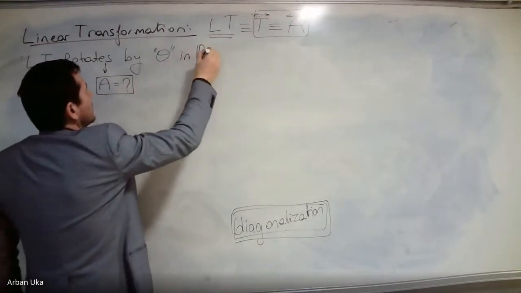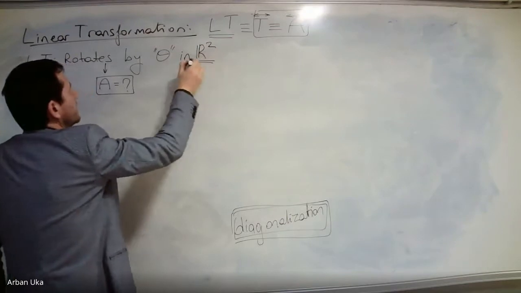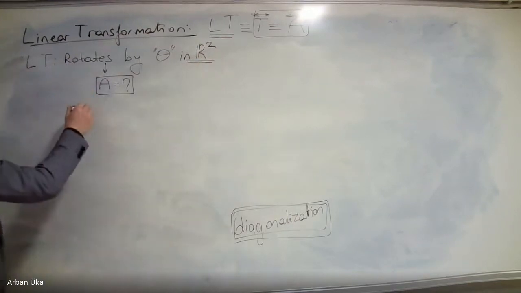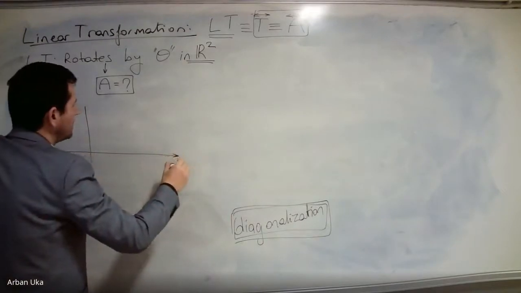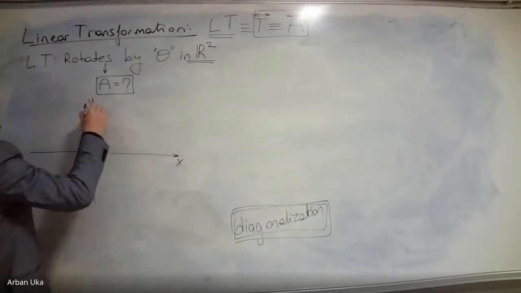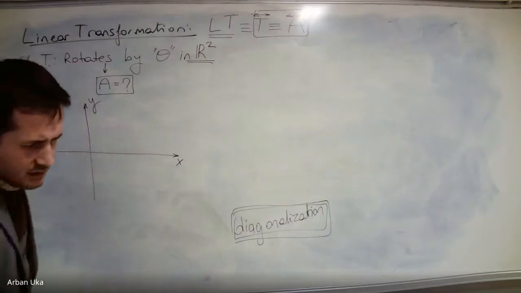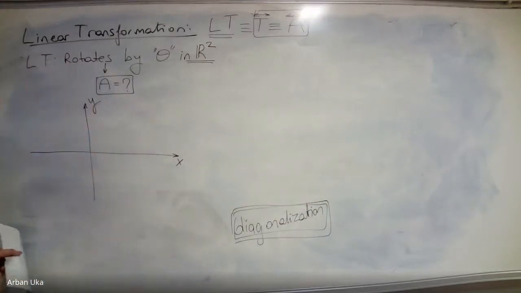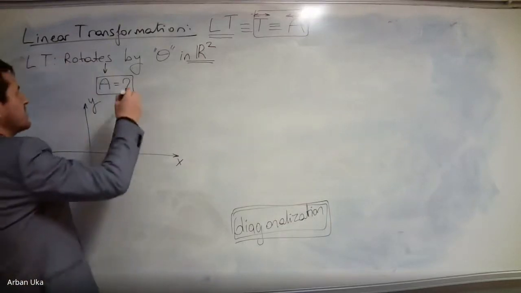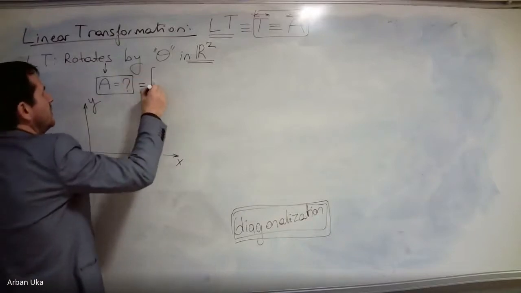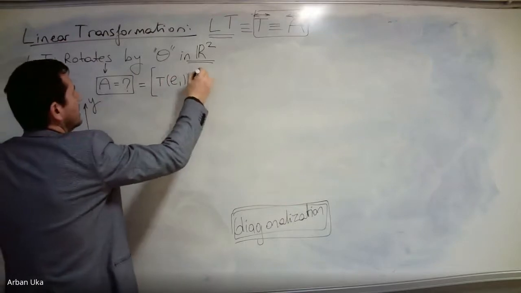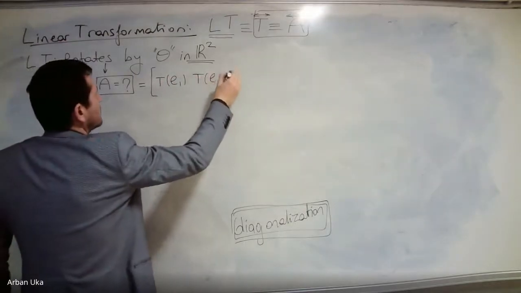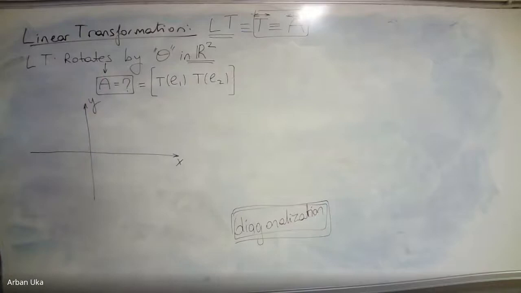Let's assume we want to rotate it by angle theta in R squared, which means in the two-dimensional plane, which can be described by a Cartesian coordinate system, x and y. And how can we find this? This A would be equal to the linear transformation on E1 and linear transformation on E2. Okay? This is what we need to do.